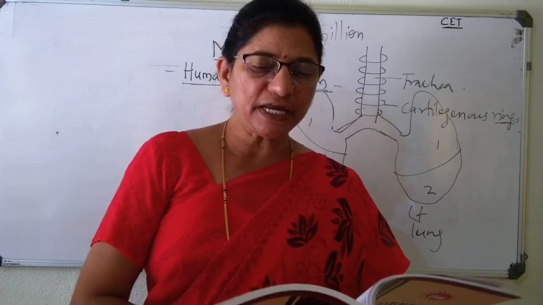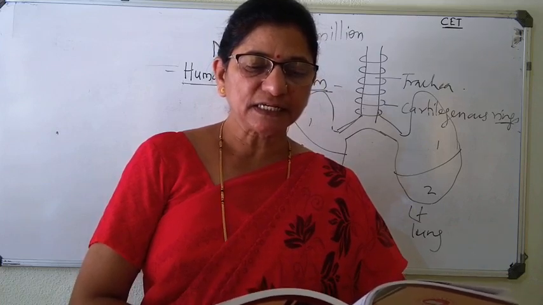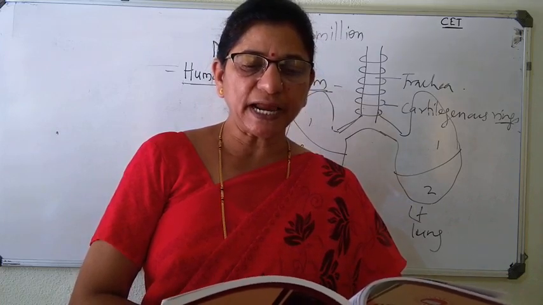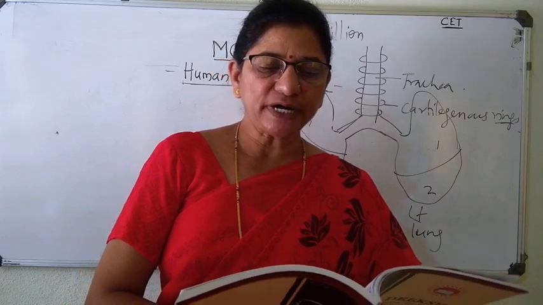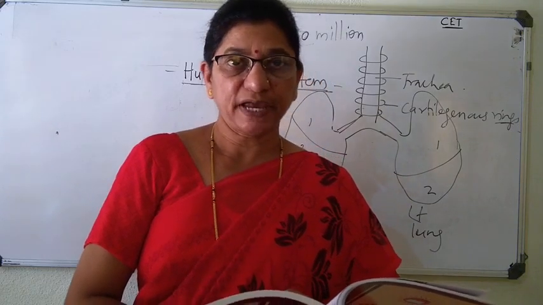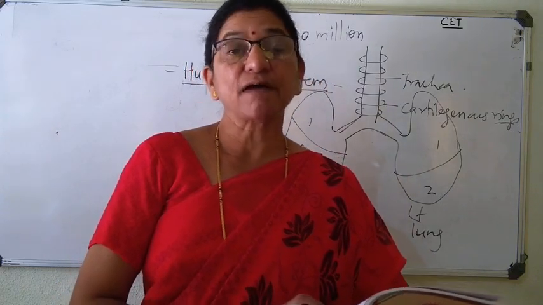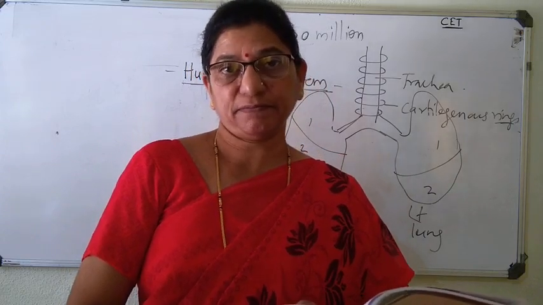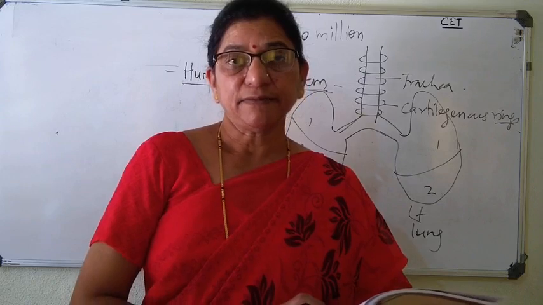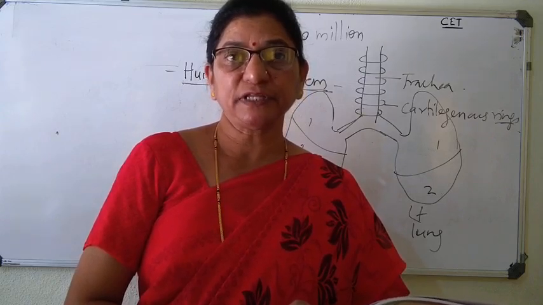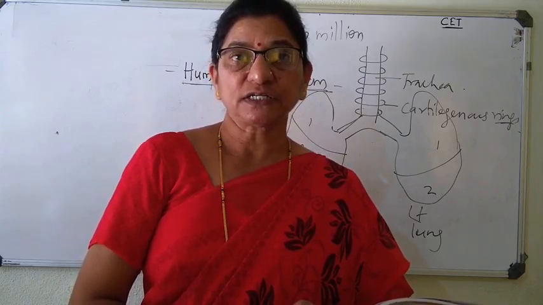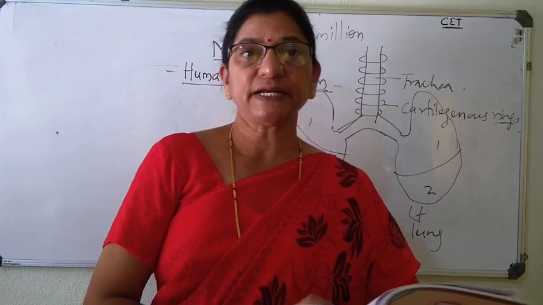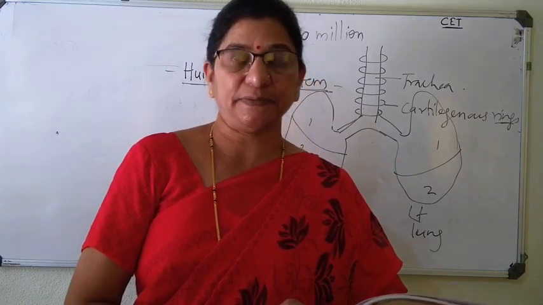Layers of uneven columnar cells which form tracheal lining are components of, and we have studied, pseudostratified epithelium. Remember why? Because this pseudostratified epithelium loses the dead cells from time to time, and that's why such epithelium is present in the trachea.